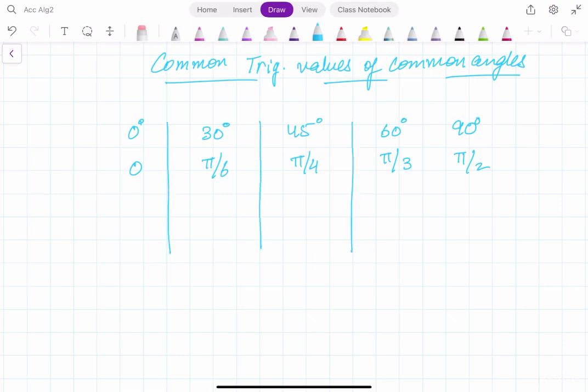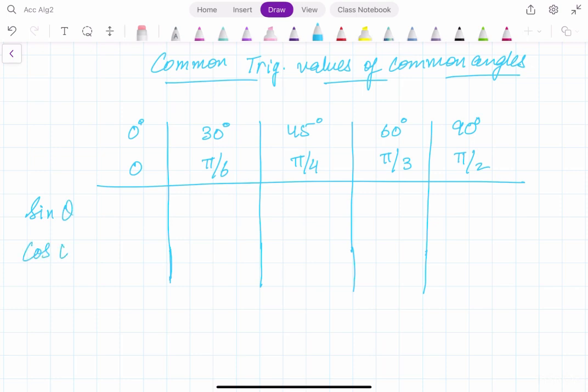Let's make a proper table: sine theta, cos theta, and tangent theta. So we know that sine theta is 0, 1 half, radical 2 over 2, radical 3 over 2, and 1.